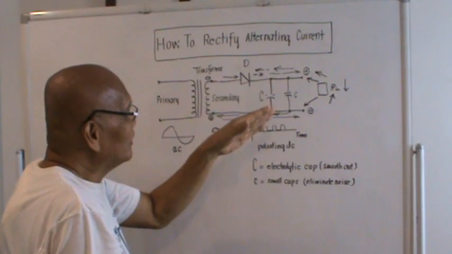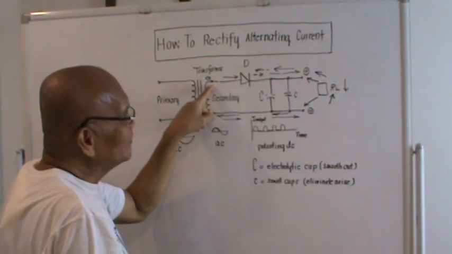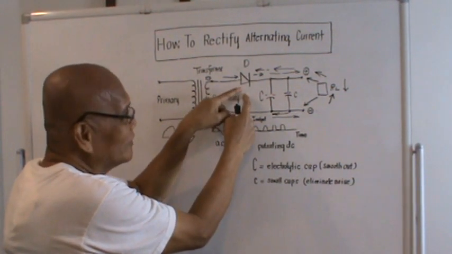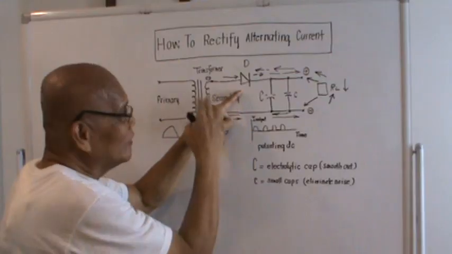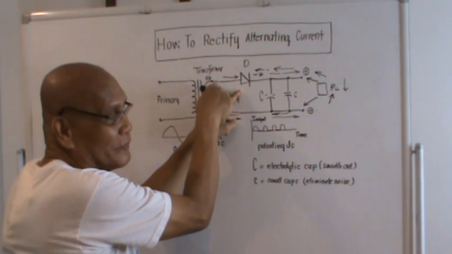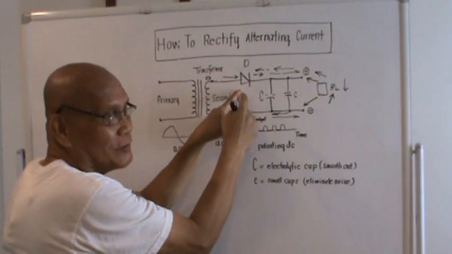It is not complete because the current had not gone back to this terminal because it was intercepted by this diode here. Because a diode will only pass current in the positive direction, and in the negative direction, it is against the polarity of the diode.